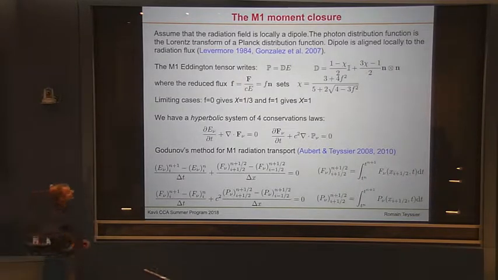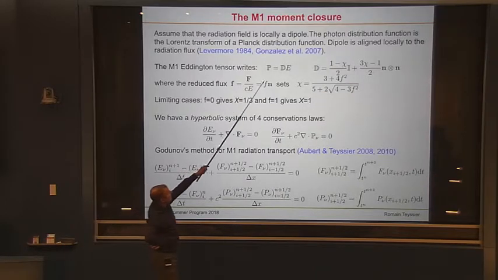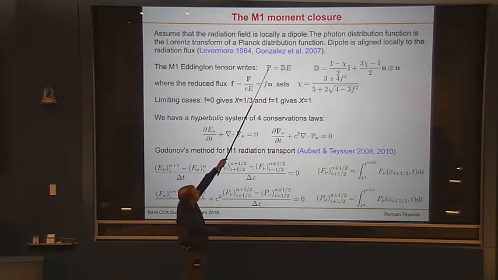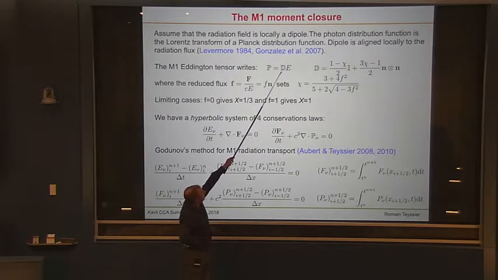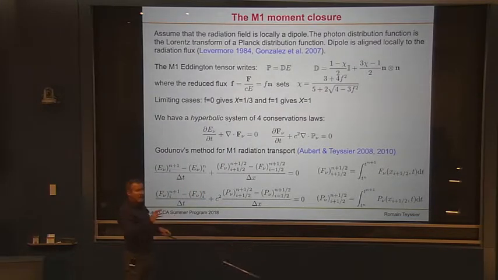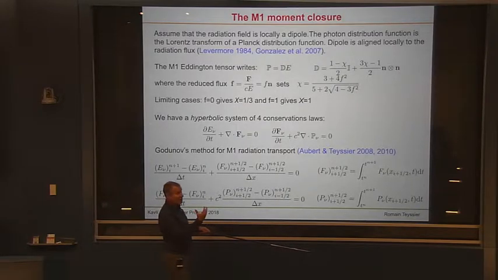The idea is to write the pressure tensor as being proportional to E times the Eddington tensor. So we didn't do anything here, we just defined a new quantity, but this is a dimensionless tensor. And then the trick is to assume that this tensor will describe two regimes. One is an optically thick regime, where the radiation is isotropic.